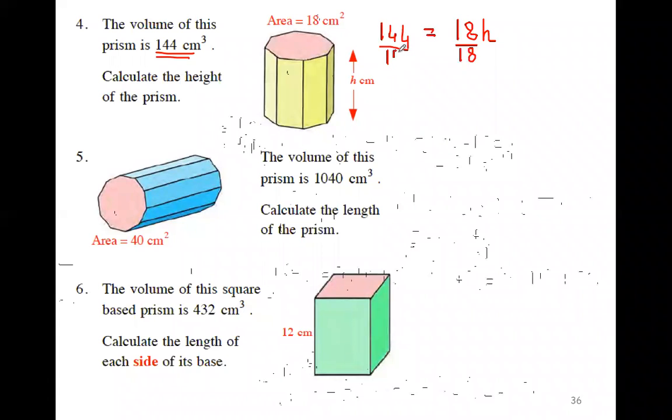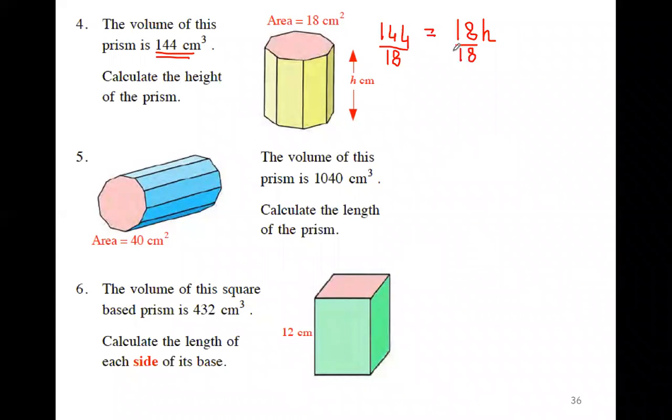Basically, to get rid of a multiplication, you divide. To get rid of times 18, you divide by 18, because that will become 1, and that's what I'm looking for. I'm looking for h on its own. Because it's an equation, remember, whatever I do on one side of the equation, to keep the equation balanced, I need to do the same on the other side.